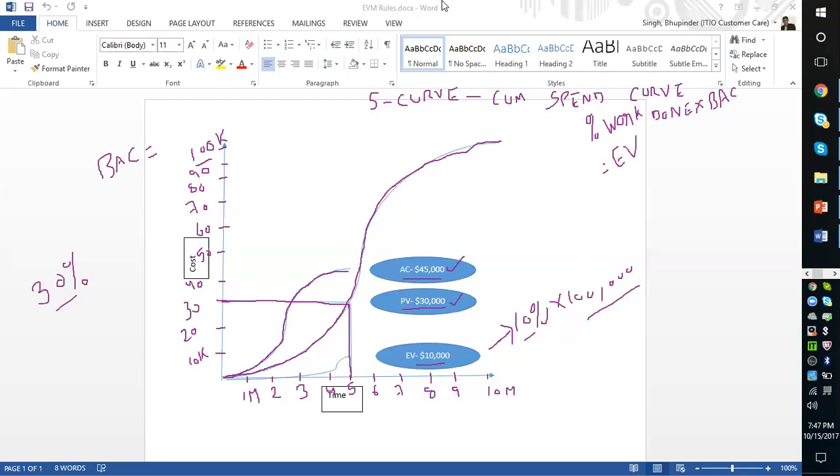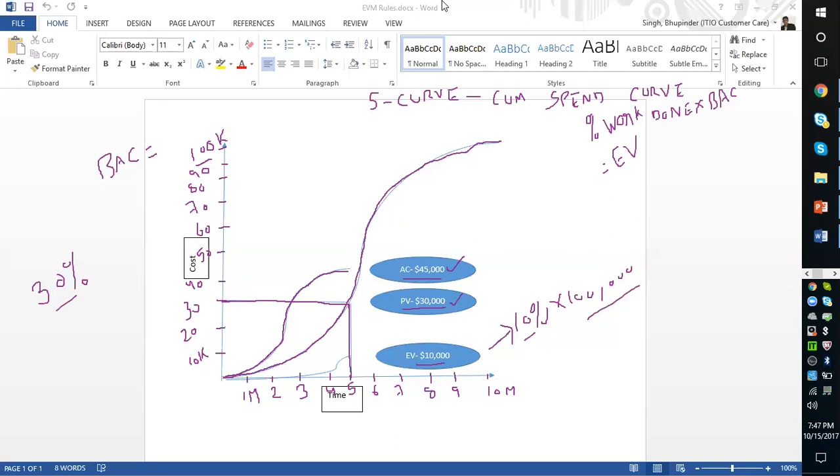Right. BAC and planned value. Look at over here. We have said planned value is $30,000 and BAC is $100,000. So what's the difference? The difference is $70,000, right? BAC is the total money that you plan to spend on the project, the total overall budget that you have for the project.